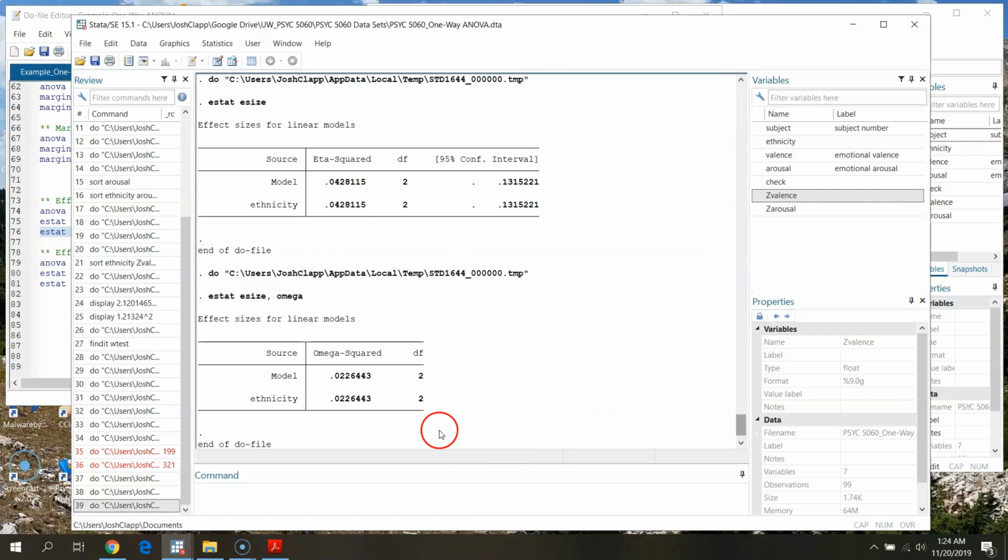Okay. So our eta squared, say for these data, racial ethnic group accounts for about 4.3% of the total variability in emotional valence. But remember, that's positively biased.